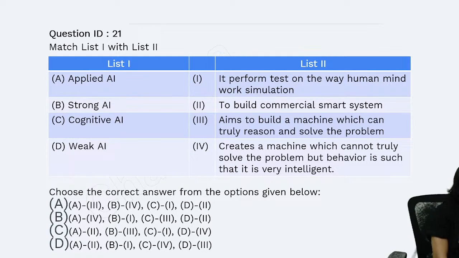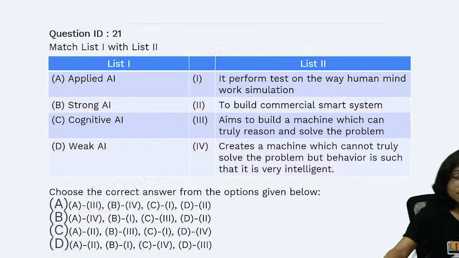I can see 4 votes till now. Applied AI, strong AI, weak AI, cognitive AI. Okay, I will stop the poll.